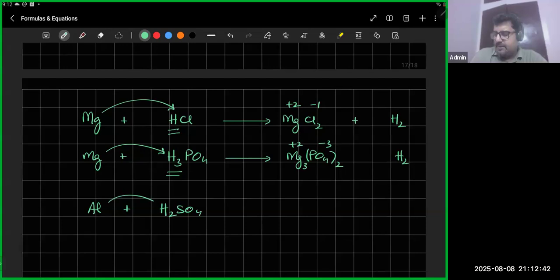Al is going to come in and knock out the H. The H is gone, and it will produce H2 gas, and the salt is AlSO4. Al is group 3, so it's +3. SO4 is -2. So if you do crisscross, it's going to be Al2 and SO4 will become 3. Okay, is that clear?